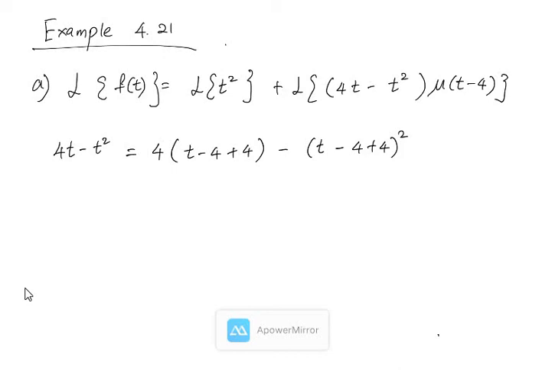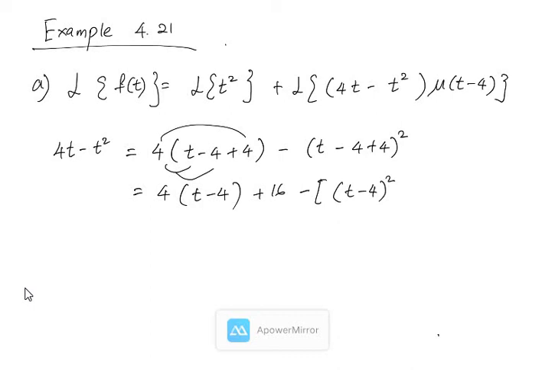So we can take it out. This is equal to 4t minus 4 because we want t minus 4. So 4t is 4 and then in the bracket t minus 4, and then this one we get 16. So we have plus 16. Then minus (t minus 4) squared.